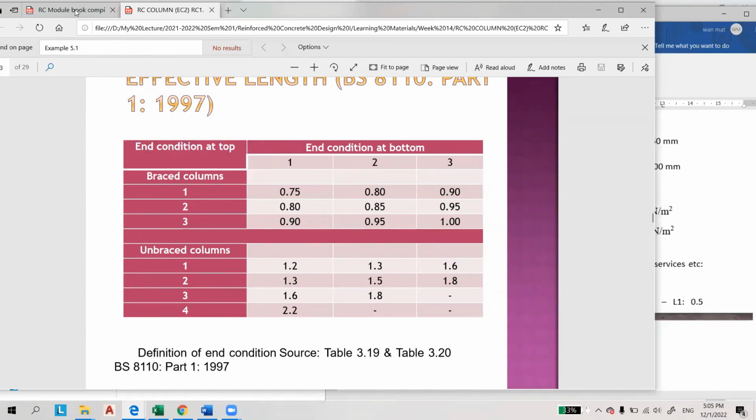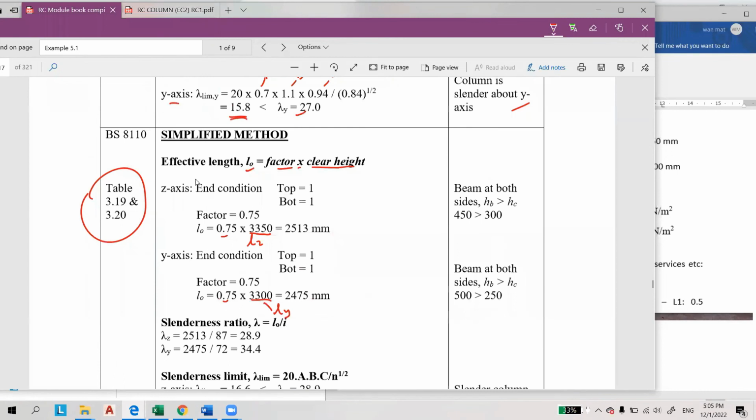By referring to this example, at the top the end condition is 1, because the beam is on both sides. Here, this is the HC, the depth of the column is 450. However, let's say the beam here is 250, a very small beam, 150 times 250.